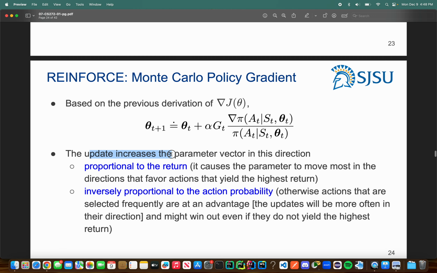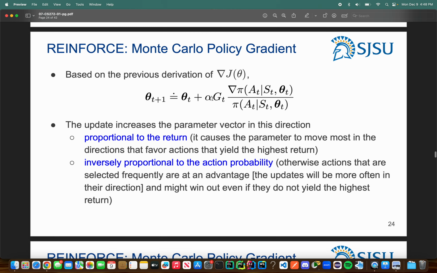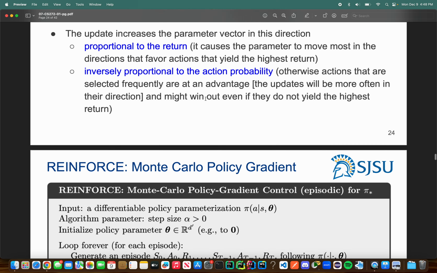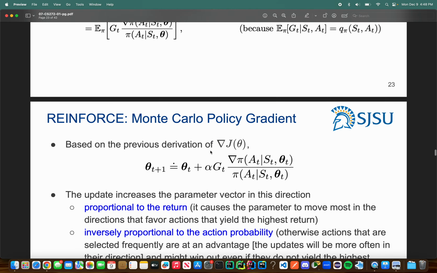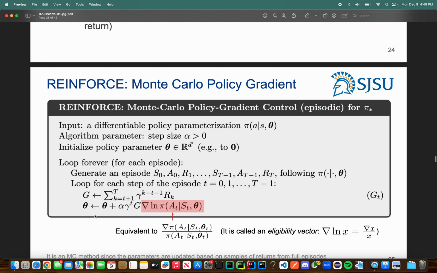The update is proportional to the return, as well as inversely proportional to the likelihood that the action will be taken. It's pretty obvious, but it's also proportional to alpha, your learning rate. And then all that derivation you saw up here is put together in the algorithm right here on that one line.